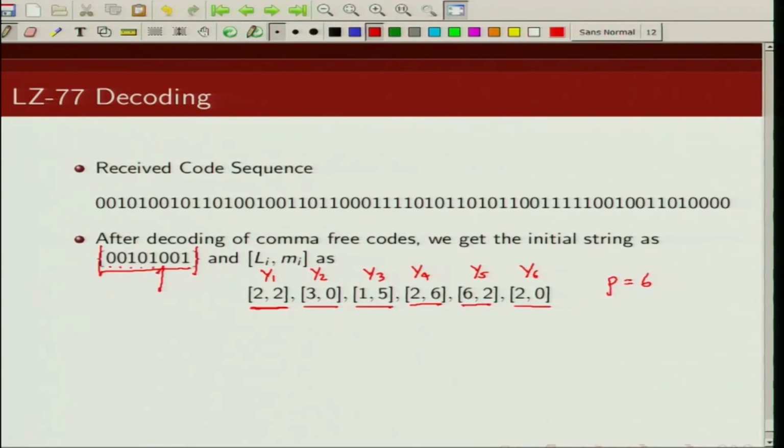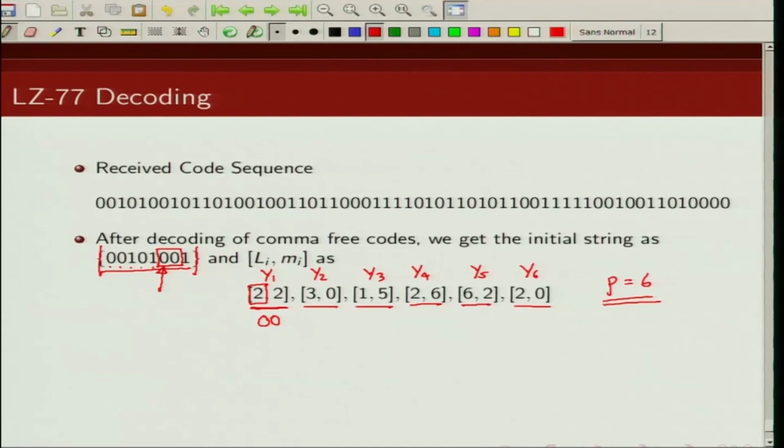So there is a match of length 2 at location index 6 because m is 2. Starting at this location, a match of 2 will be 0, 0. So what I have found out is the string y1 is 0, 0.